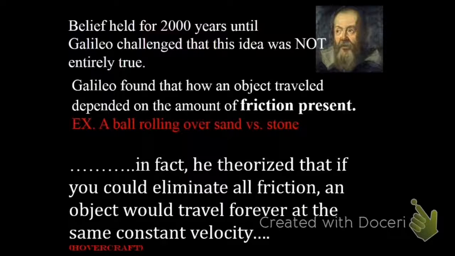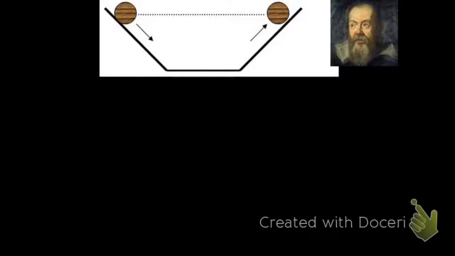And so he had this idea that if we could actually eliminate all friction, an object would travel forever at the same speed. So one of his experiments looked something like this. He would roll these balls down these different ramps, and what he started to notice was that wherever the ball started from was the height that it returned to on the other side of the ramp.